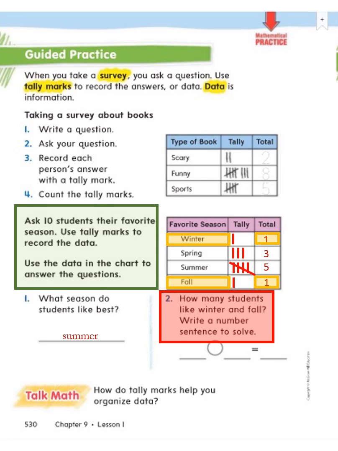And now I have to put them together. So I'm going to put a 1 plus 1. And of course, we all know that that's 2. And if you look at the talk math question at the bottom, how do tally marks help you organize data? What do you think?